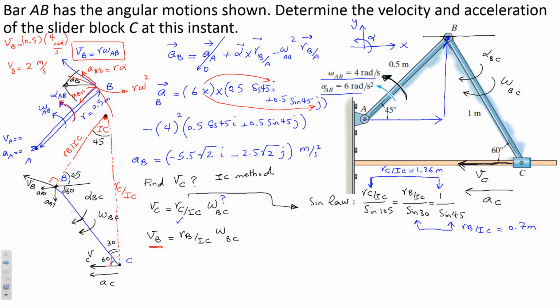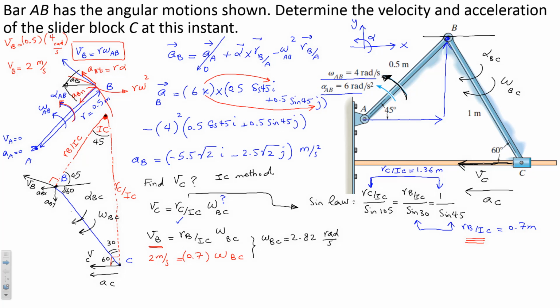Let me plug in VB, 2 meter per second. It is equal to RB/IC, it's here, 0.7 times omega BC. So omega BC is equal to 2.82 radian per second.